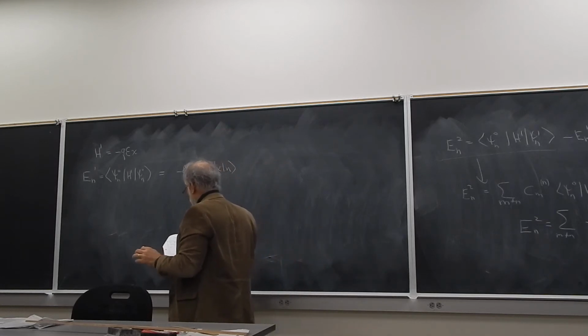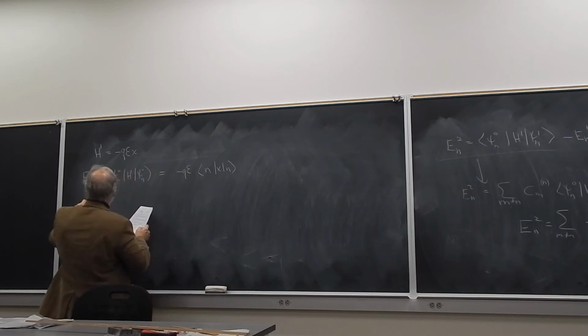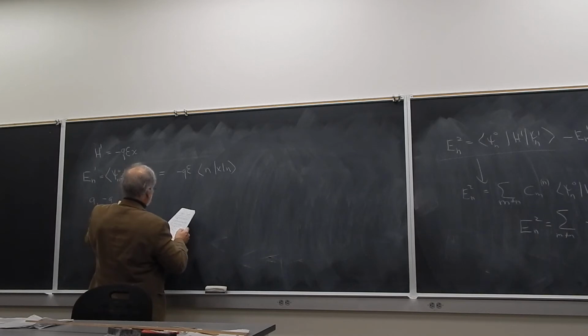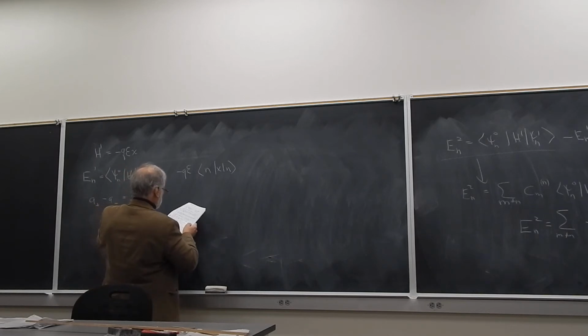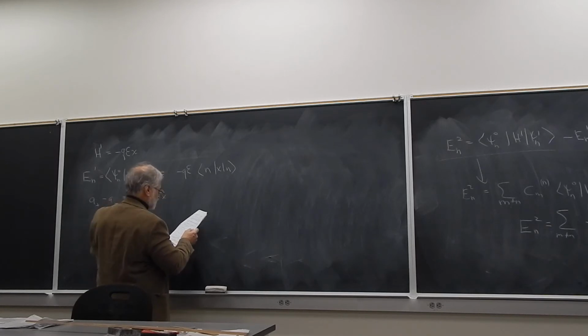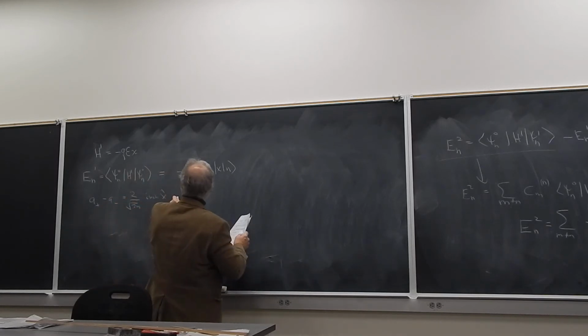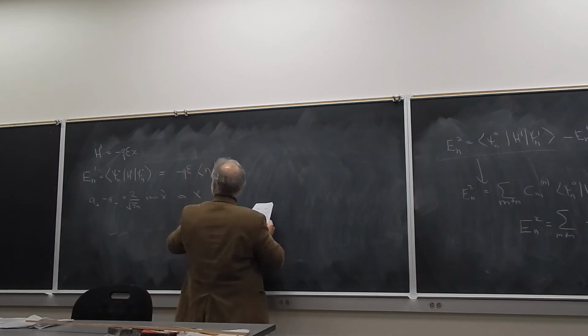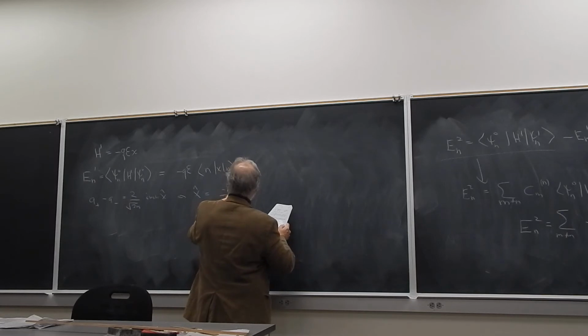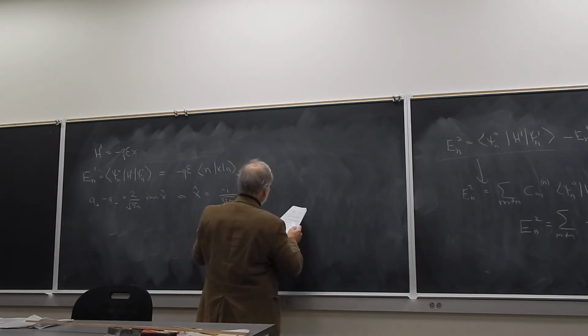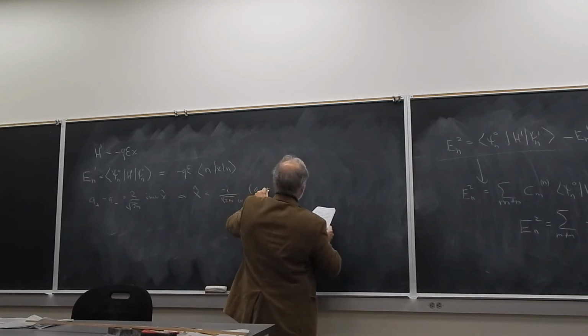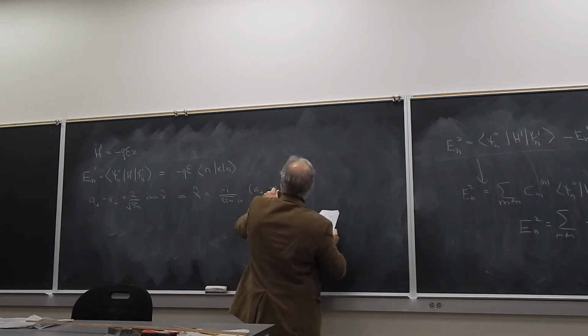The trick we're going to use is to write my two operators, a plus and a minus, such that x is equal to minus i over the square root of 2m omega times a plus minus a minus, right?